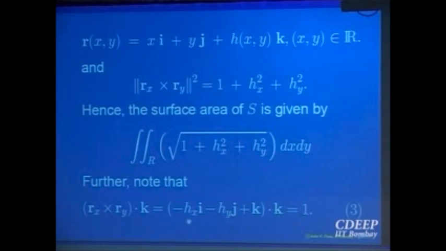That means, what does this thing represent? A dot B equal to 1. Does it say something about the angle between these two vectors? The dot product is equal to 1.